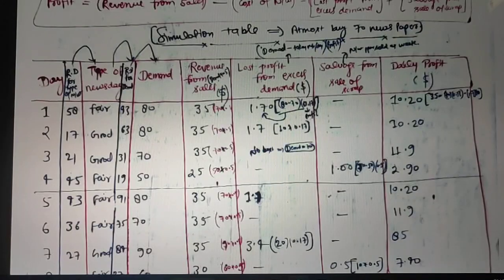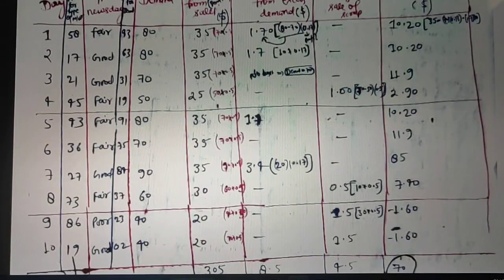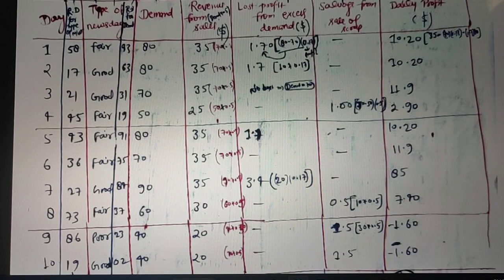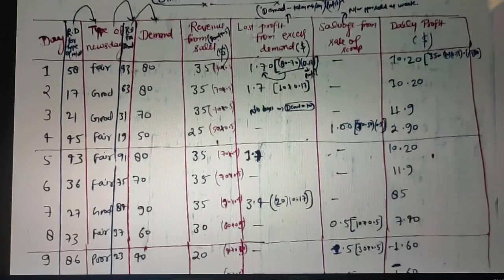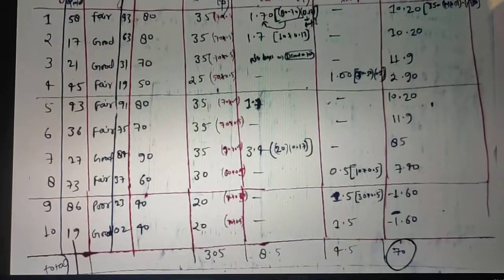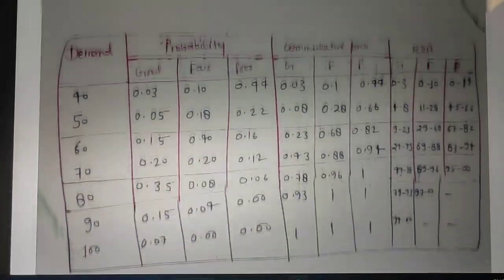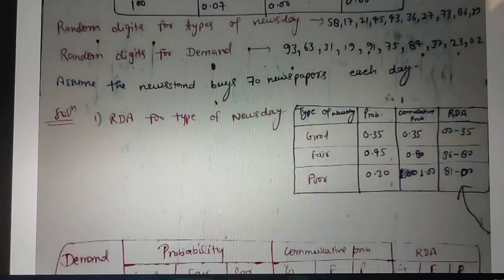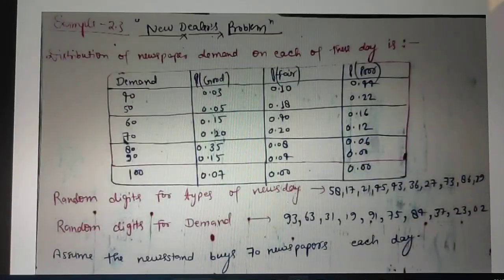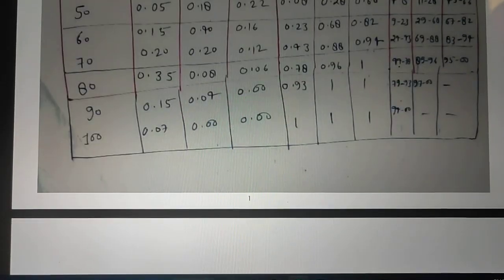So this is our simulation table. And now, applying our various formulas for average profit and other such things, we can calculate our respective solutions. So this is how I discussed with you how we can simulate our newspaper problem. Okay, so thank you guys, bye bye.